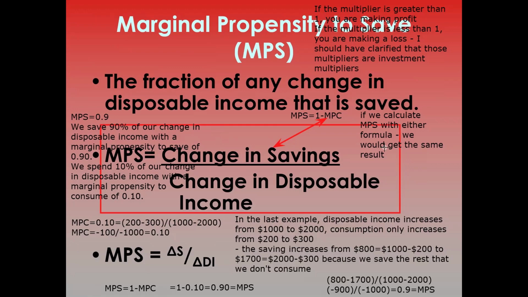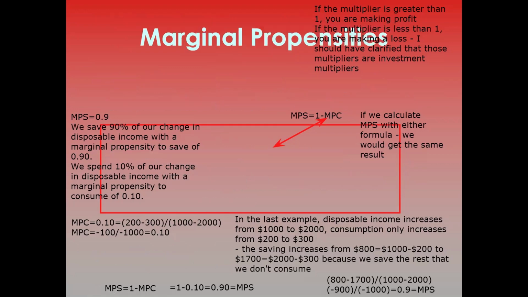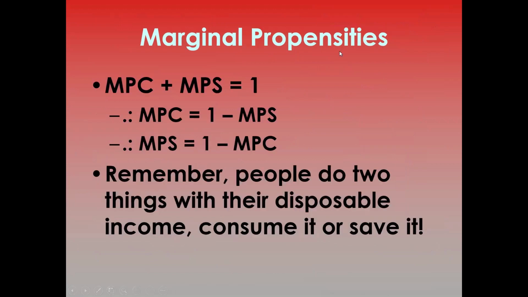So I'll put this in chat here. So marginal propensities: MPC plus MPS equals 1. So marginal propensity to consume equals 1 minus marginal propensity to save. Marginal propensity to save equals 1 minus marginal propensity to consume.